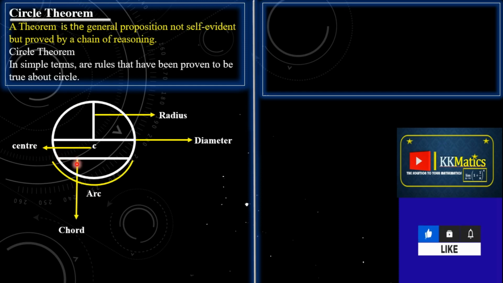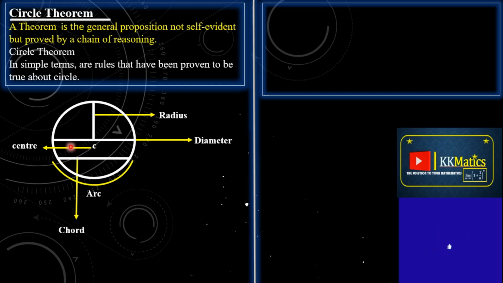Now we have what we call a chord. This line that you see here is called a chord. It's very important for you to take note of that. A chord can be here, it can be there, as shown on your screen with the pointer. One thing you need to note is the difference between a chord and a diameter.